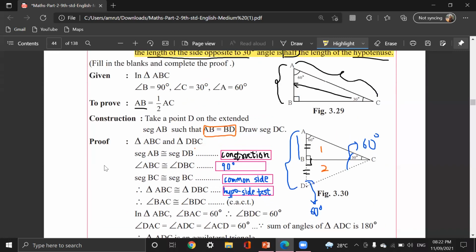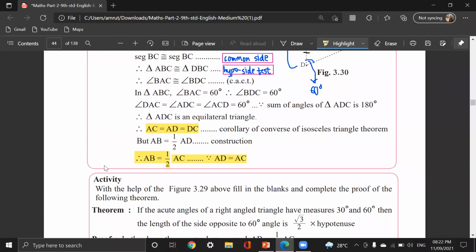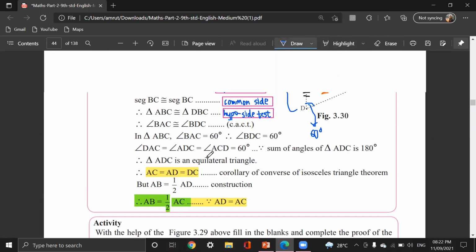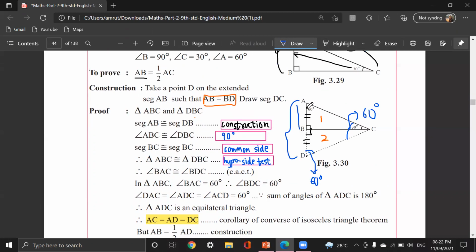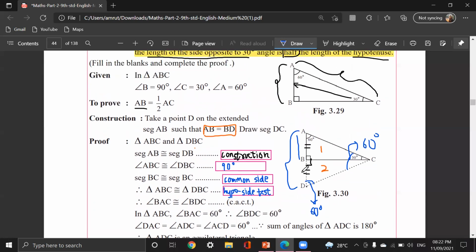So this theorem you might find a little confusing. But the only thing that you have to keep in your mind is that the side which is opposite to 30 degrees, which is side AB here, is always half of the hypotenuse.